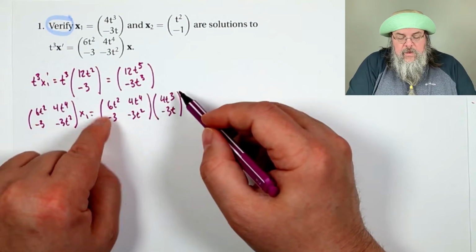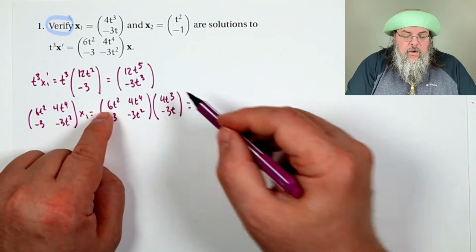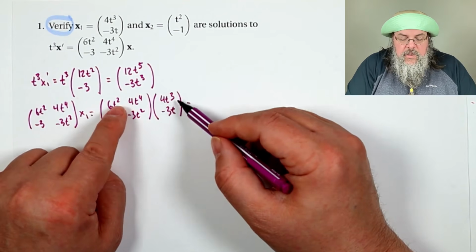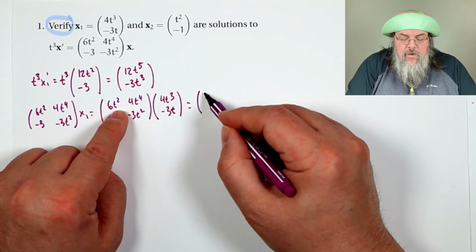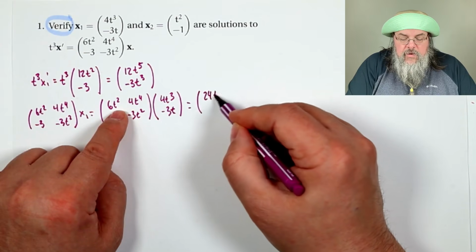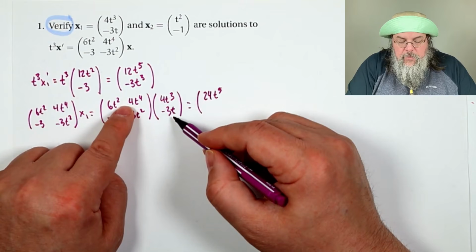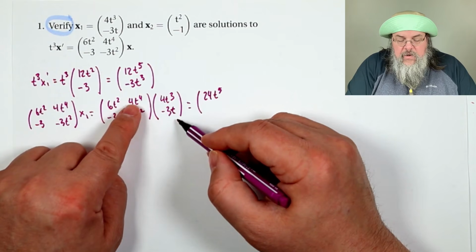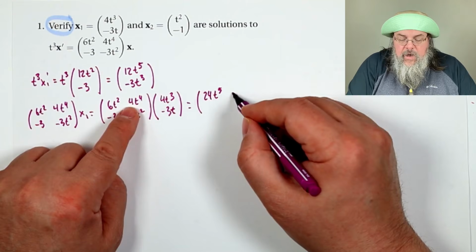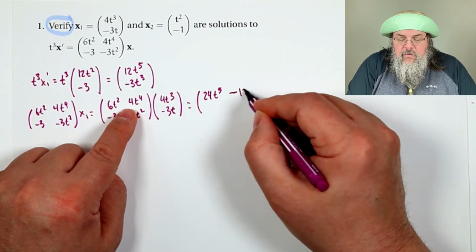Okay, so matrix multiplication. We have 6 times 4 is 24, and t squared times t cubed makes t to the fifth. So 24t to the fifth minus 12, because negative 3 times 4, and t to the fourth times t is t to the fifth. So minus 12t to the fifth.